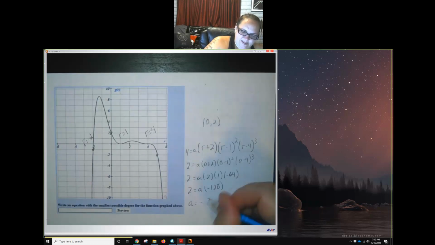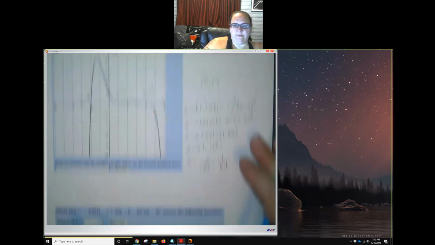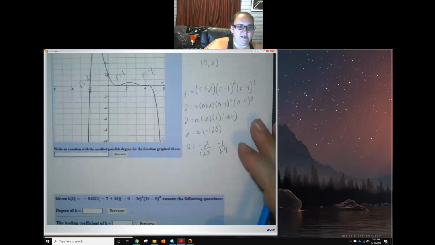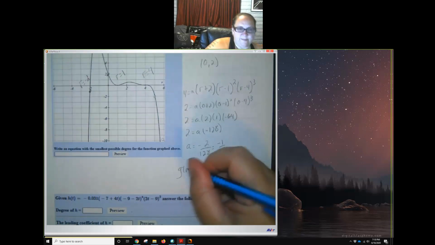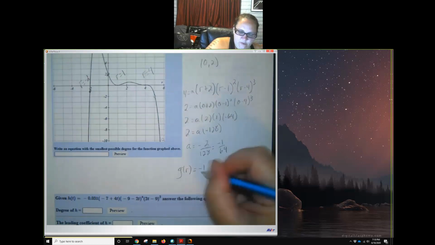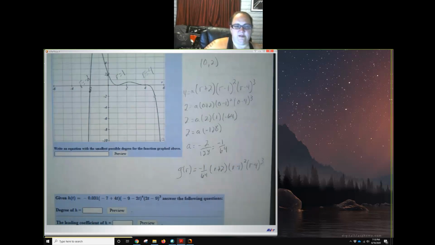So a equals -2 over 128, which would be -1 over 64. So then my final equation would be g of r equals -1 over 64, r plus 2, r minus 1 squared, r minus 4 to the third.